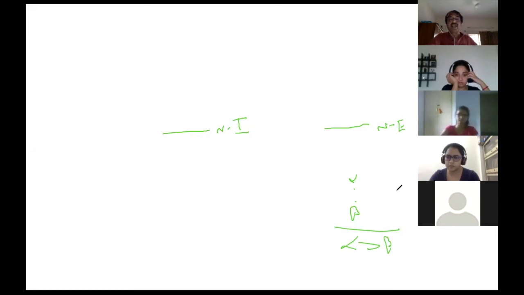Okay, for negation introduction, negation elimination, any idea? Well, one way we have seen, this is one way you can try to do negation introduction.